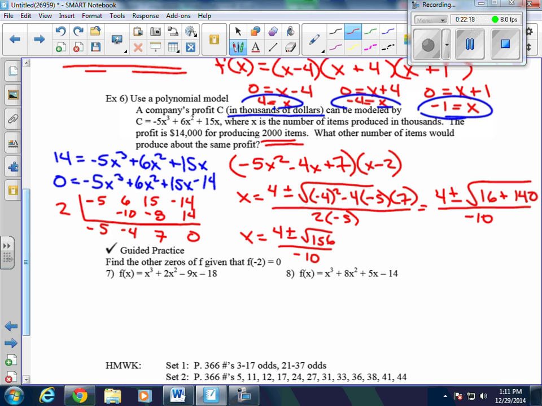And we're going to put our two numbers in. 4 plus or minus, I think the square root of 156 is about 12.5. So it's 12.5 over negative 10. So 4 plus 12.5 is 16.5, and 16.5 divided by negative 10 is negative 1.65.